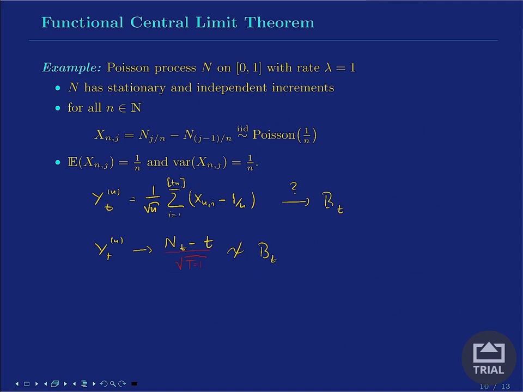So here for increasing n we decrease the rate of these xni's, but they stay Poisson distributed, so we have still integer values.